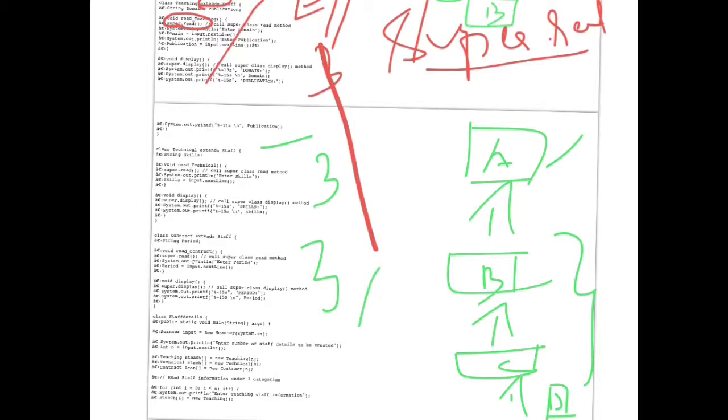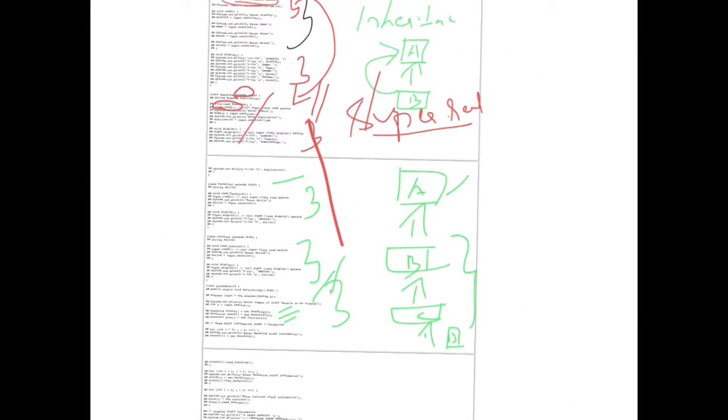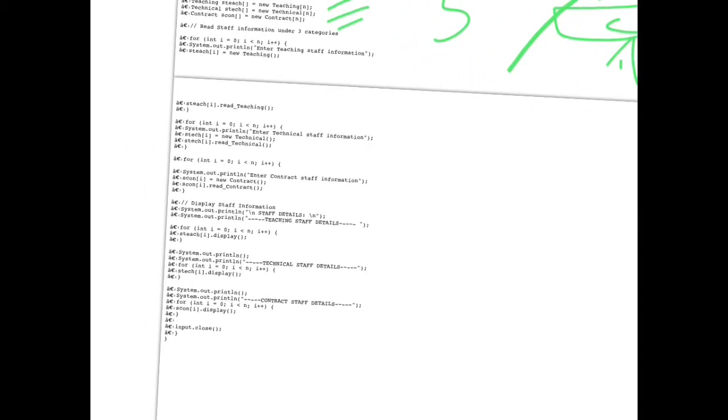Okay. Now we have public static void main, and we have created three objects and read the function. Three objects we have created, one for teaching staff, one for printing the value, and one for displaying the value.